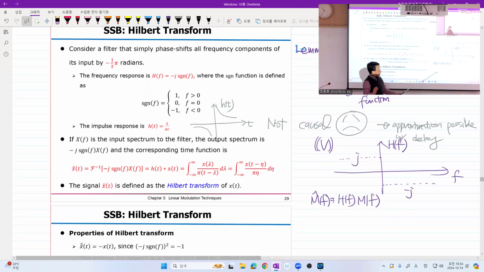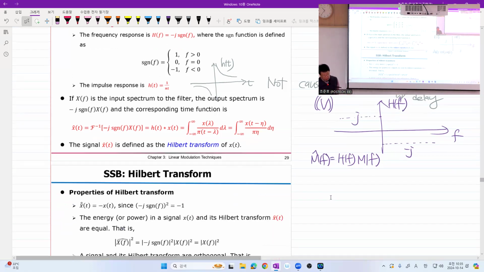And suppose the message signal is real valued. What will happen? We had the conjugate symmetry here, right? M of f has conjugate symmetry. And you can also show that m hat has conjugate symmetry. Why? Because m hat of t is simply m of t convolved with 1 over pi t, which is real. A real valued signal convolved with a real impulse response is real, so this also has conjugate symmetry.